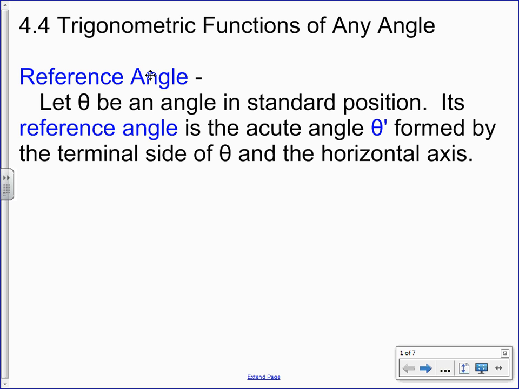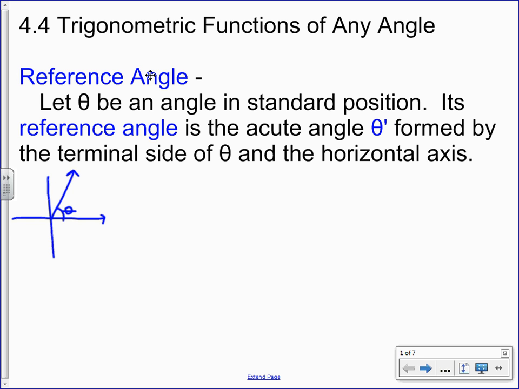Okay, so let's recall a reference angle is the acute angle that is going to take us back to the x-axis, or the horizontal axis, however you'd like to think of it. So let's draw a picture for each situation. If our angle is in the first quadrant, where's our reference angle?